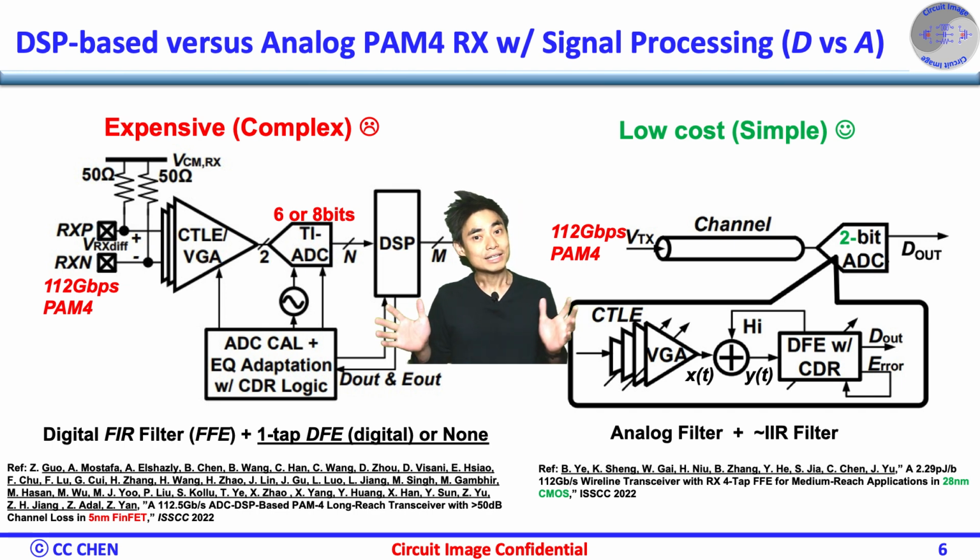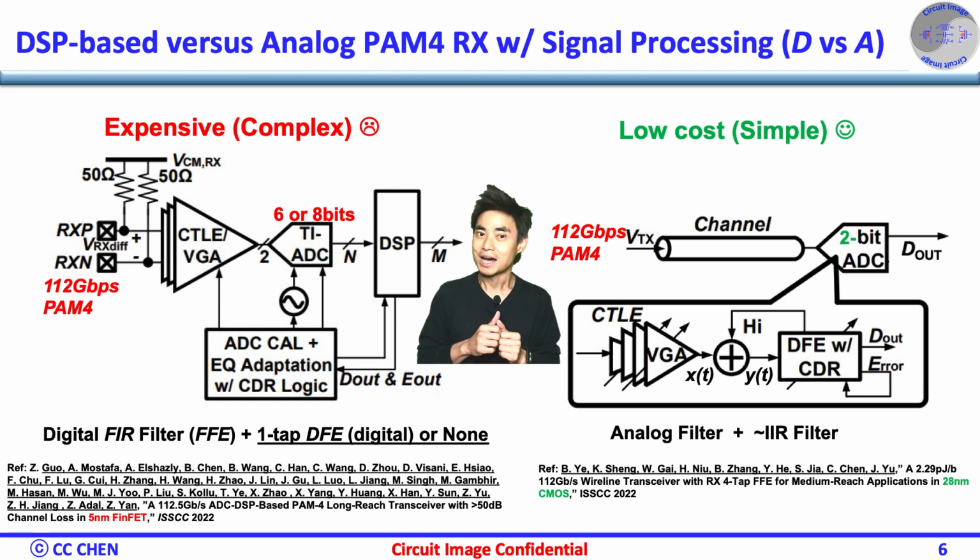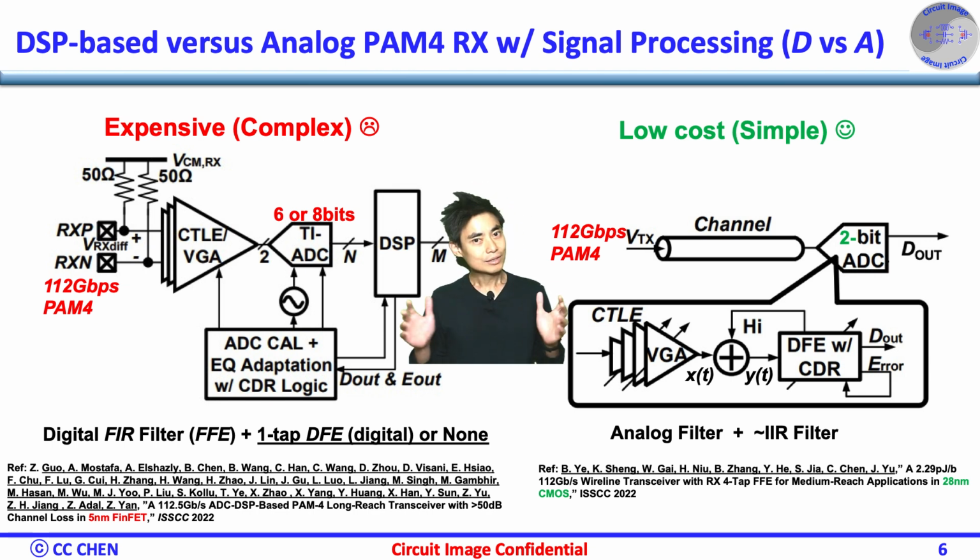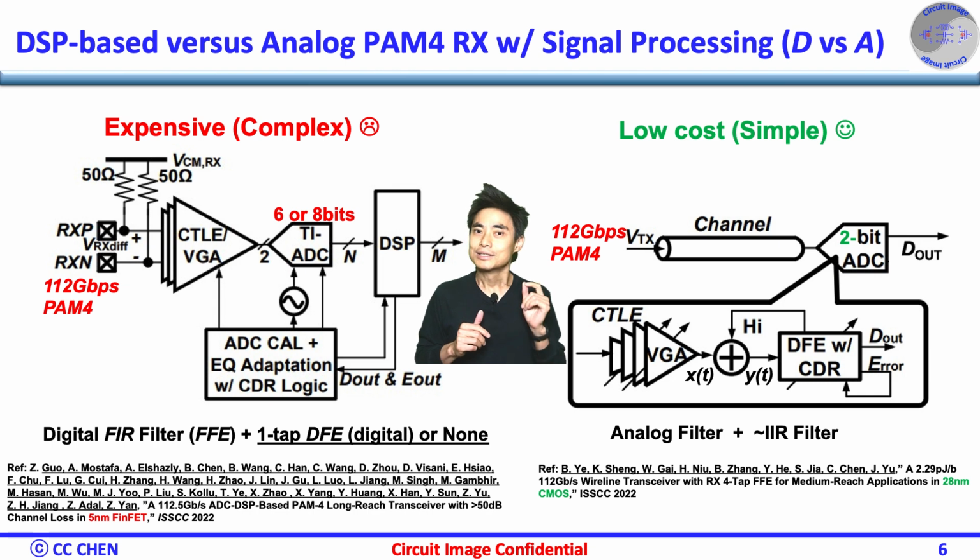Fourth, we can stay in a low-cost process node such as 28 nanometer or 12 nanometer, not a super expensive advanced technology like 5 nanometer, if we have chosen the analog PAM4 RX owing to its simpler architecture. For example, analog RX is relatively simpler than the digital RX, which typically involves complex ADCs, DSP, and associated control logic in a high demand of very advanced technology, for example 5 nanometer.